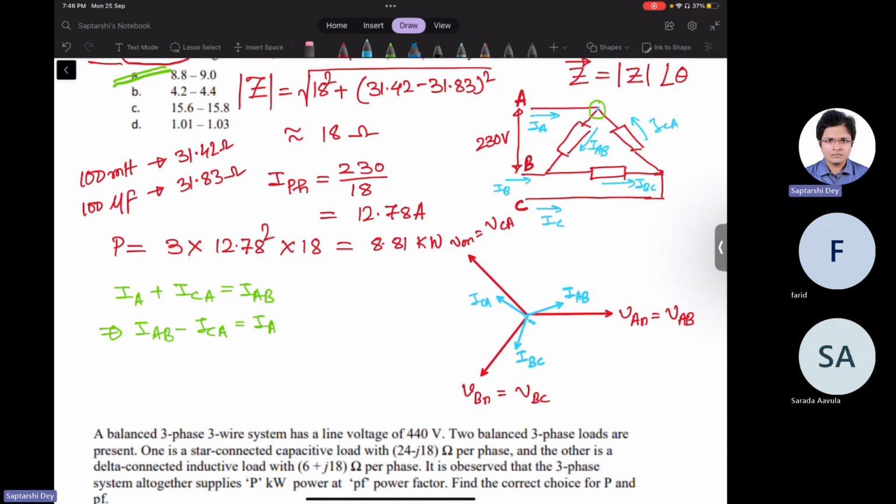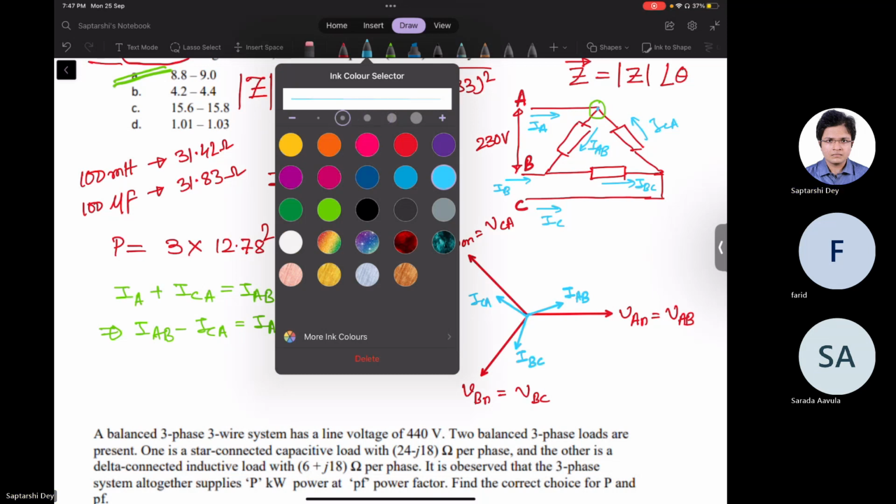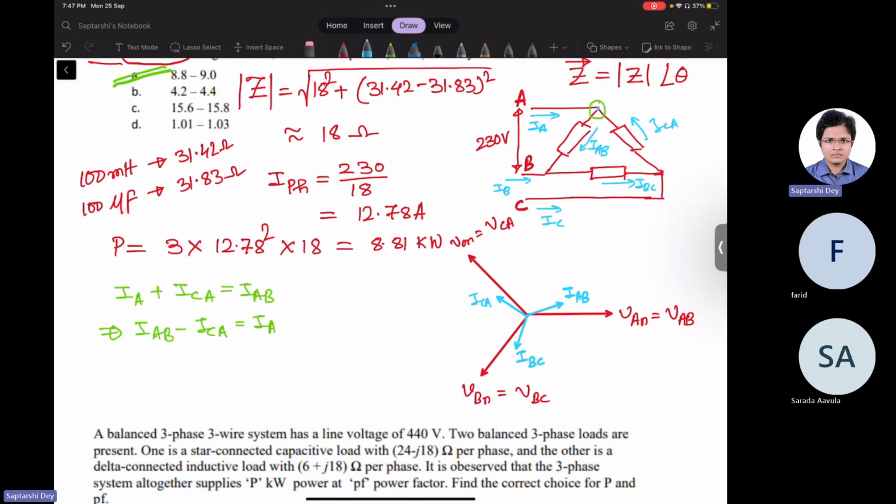So let us draw ICA. Wait. We'll make it thin. ICA is somewhere here. Now I will add them.